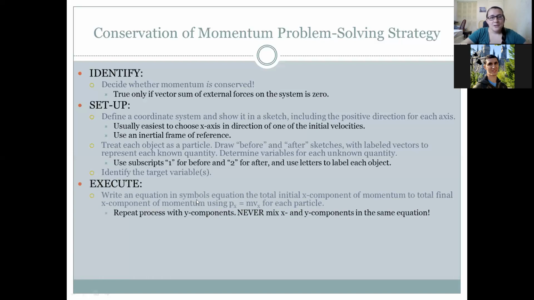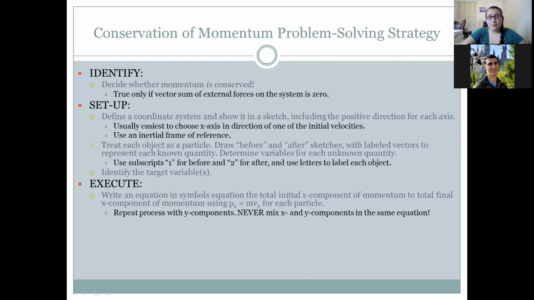Okay. So when we actually execute the problem and go through and solve it, we will write an equation in symbols. So we want to equate the total initial x component of momentum with the total final x component of momentum. And then we'll do the same setup with the y direction if we have a y component to momentum, and same thing with the z direction if we have a z component to our momentum.